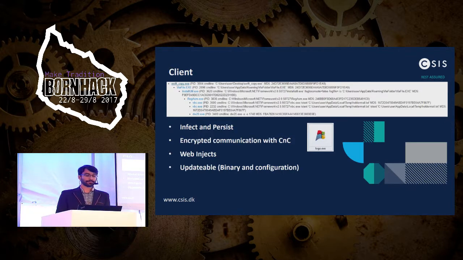Next we have a specific thing that differentiates the banking malware from the rest of the malware. Those are the web injects. They are a part of the code that is actually used to steal the money.